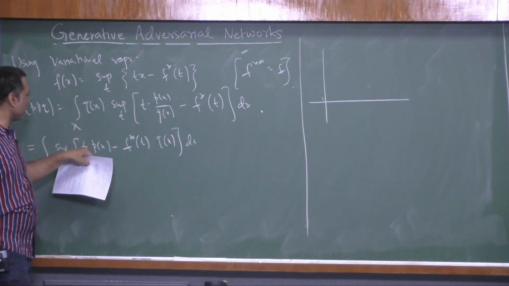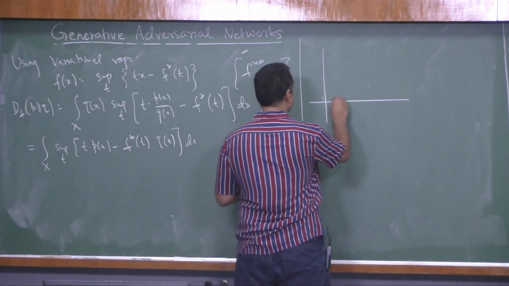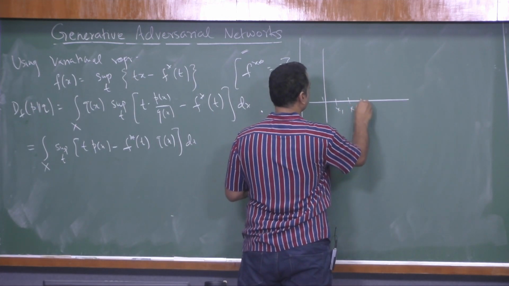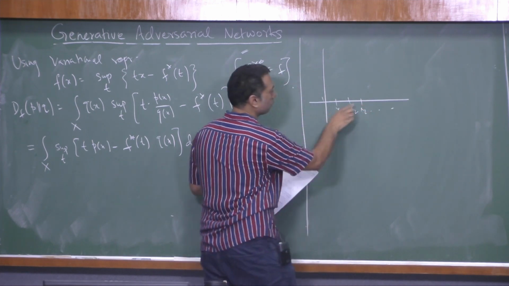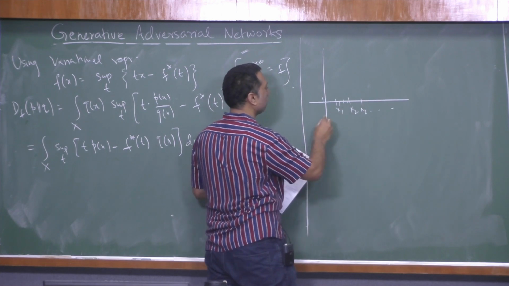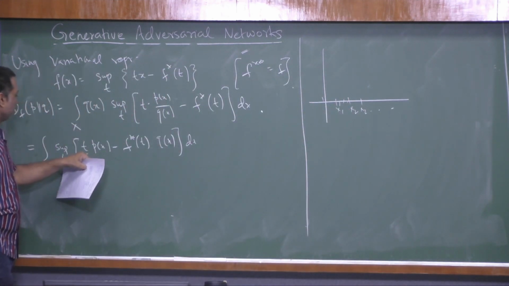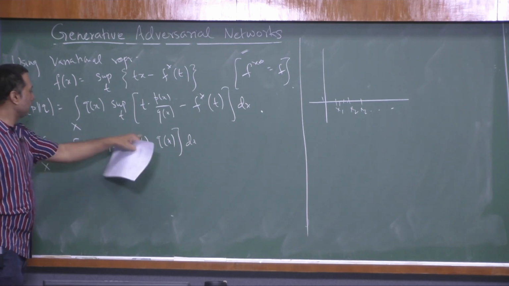For each x, I find a t for which the supremum is achieved, and that gives me the function value. So if I have to explain this to you, I will do it like this. Although this is a continuous value, I have shown this as discrete, but that's not the point. At each x, I'm looking for the t for which this gets maximized.